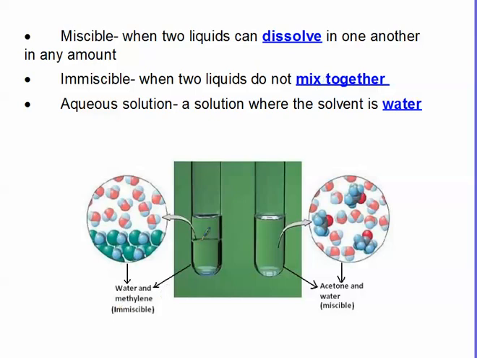We have this clear layer between them that makes the solution immiscible. When we mix the two solutions together, such as acetone and water, you can't tell where they are, so that would be miscible. And then also aqueous solutions. These are solutions where the solvent is water.